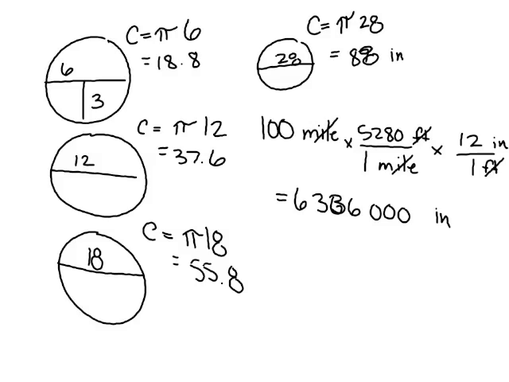So it made one revolution every 88 inches. So how do we figure out how many revolutions it made? Divide this by 88. So how many tire revolutions did we have? 72,000. Even? Awesome. 72,000 revolutions.